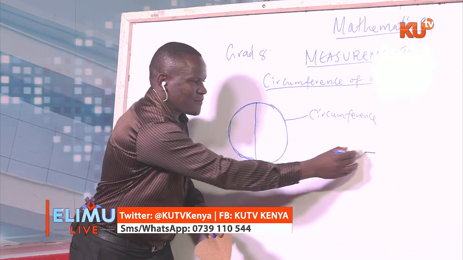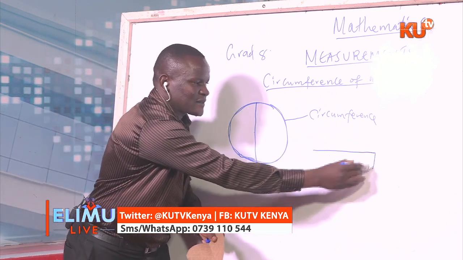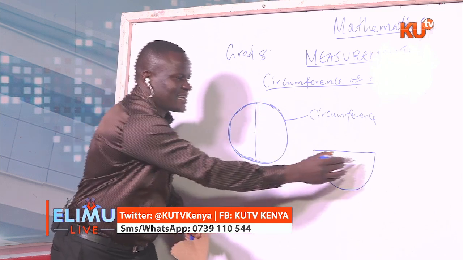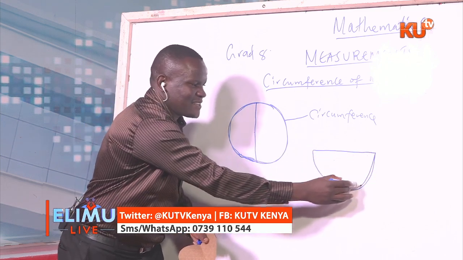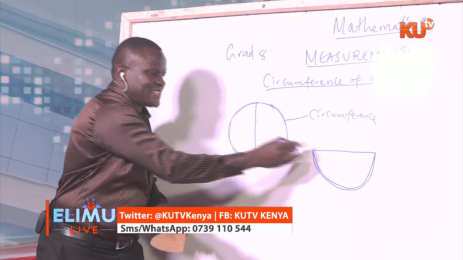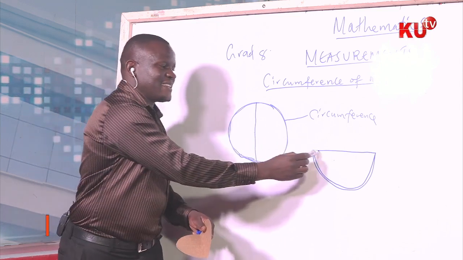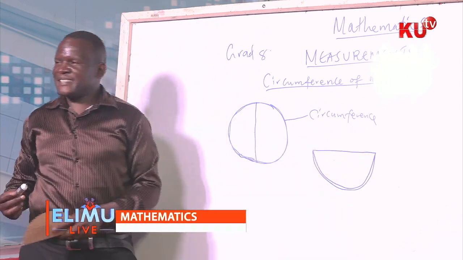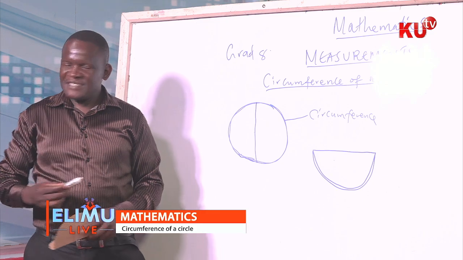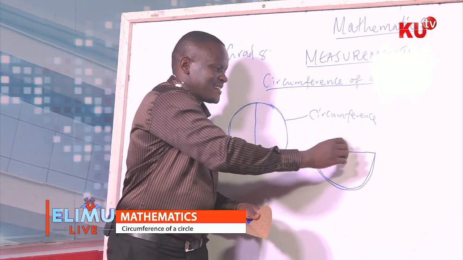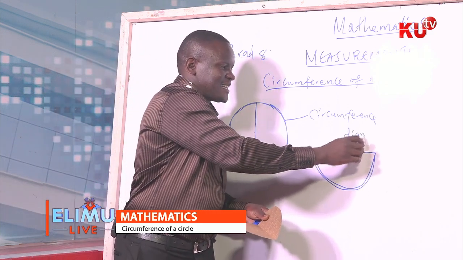After folding, you will have an image of that kind. So this line that passes directly at the center is the diameter.